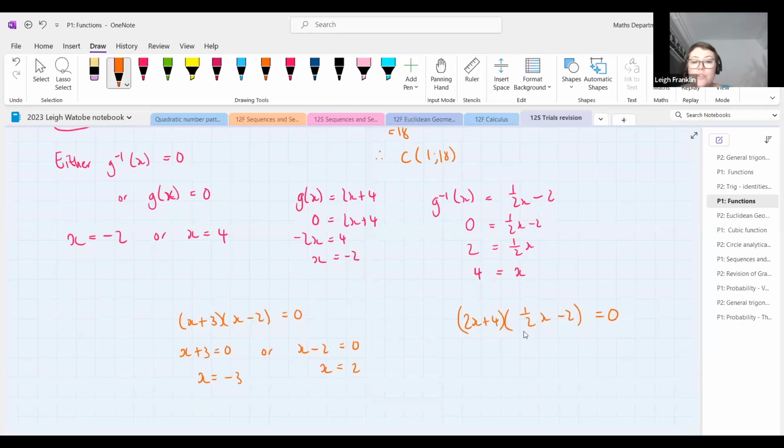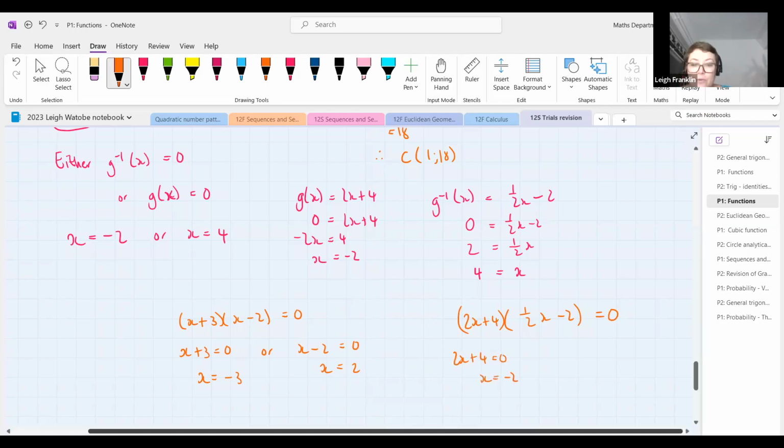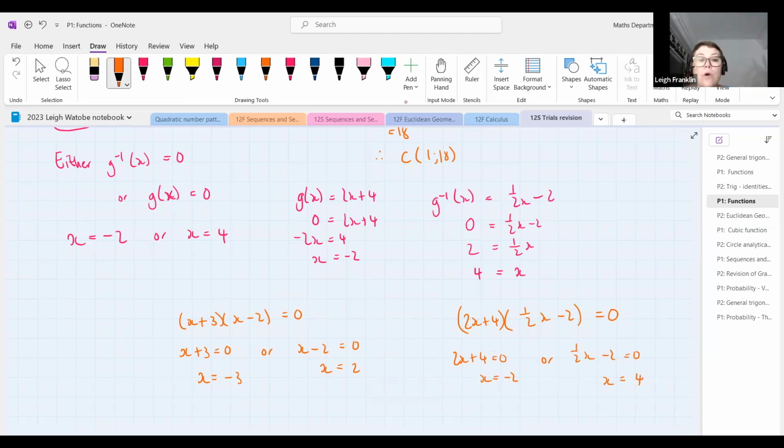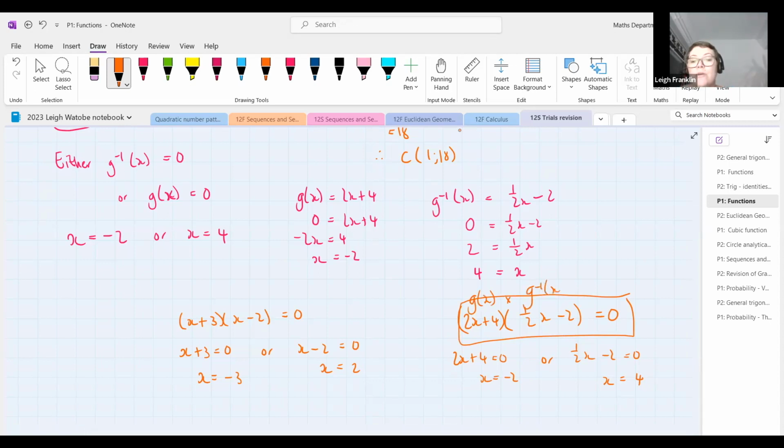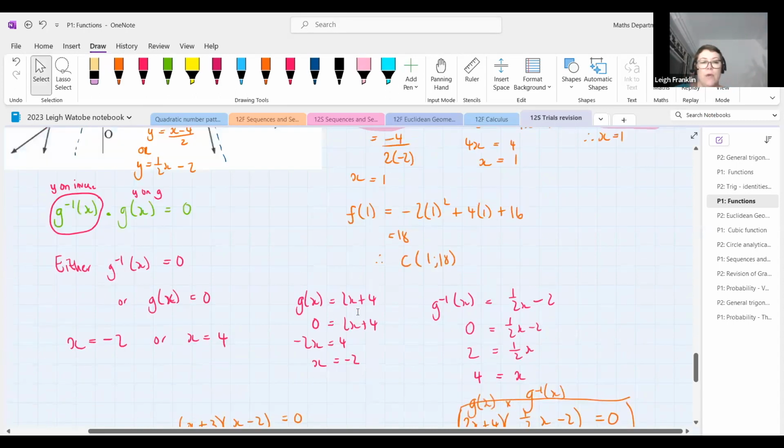So either 2x plus 4 equals 0, in which case x will be equal to -2, or half x minus 2 is equal to 0, in which case x is equal to 4. Okay, do you understand? Maybe it's a little bit easier when I put it like that. So here was g of x, and here was g. You're timesing them together. Where will it be equal to 0?